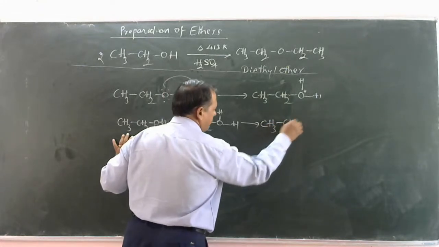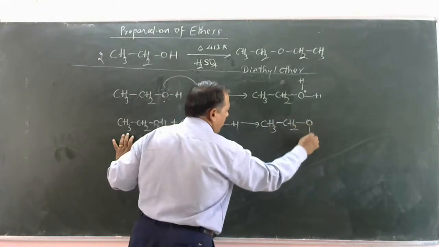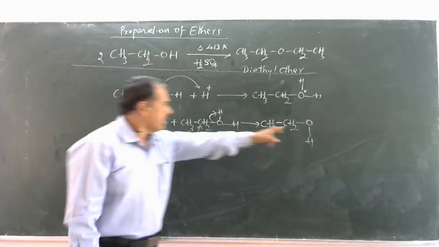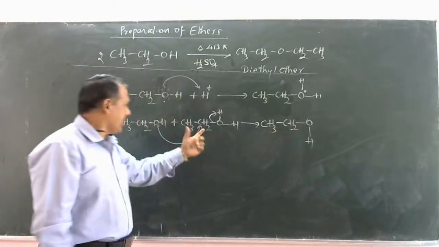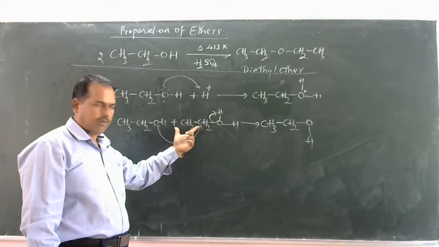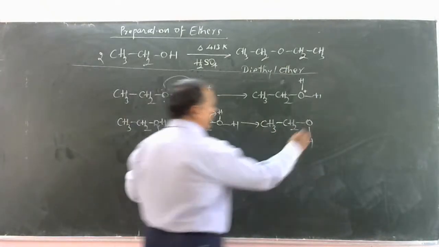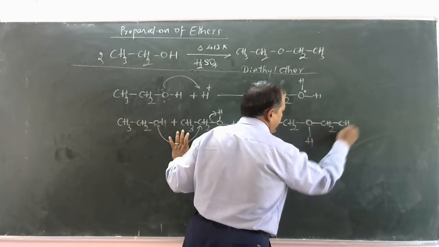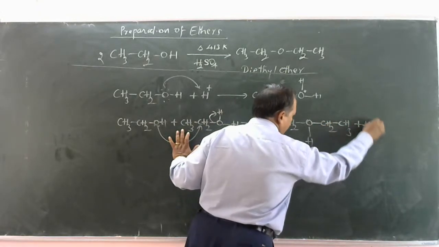CH3CH2O, and the hydrogen atom is attached to oxygen, and this ethyl group is attached here, CH2CH3. Elimination of the water molecule takes place.